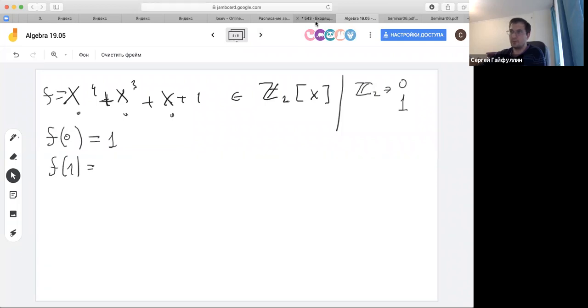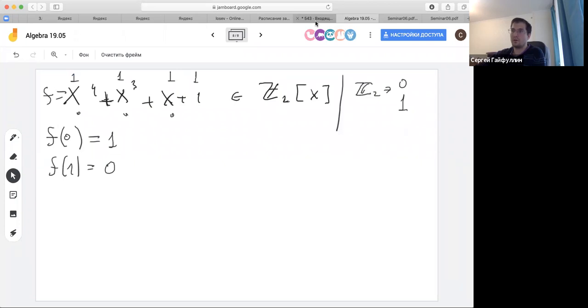Just compute: this is 1, this is 1, this is 1, and this is 1. 1 plus 1 plus 1 plus 1 seems to be 4, but in Z2, 4 equals 0. So this is 0, and 1 is a root.